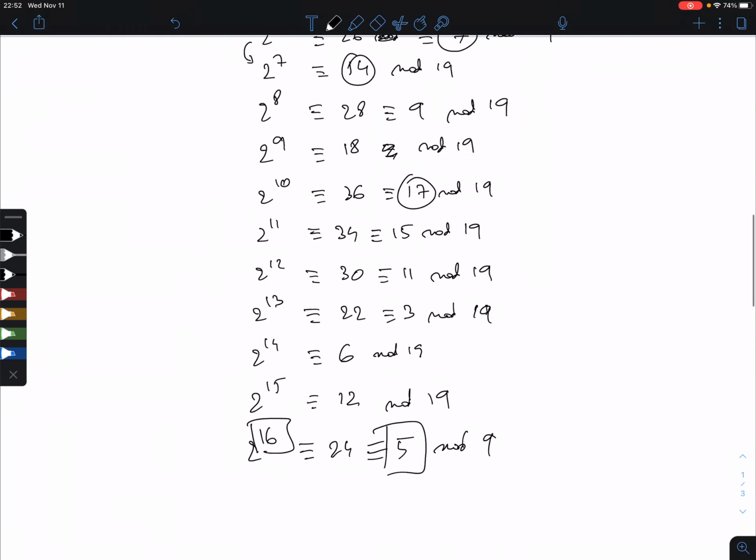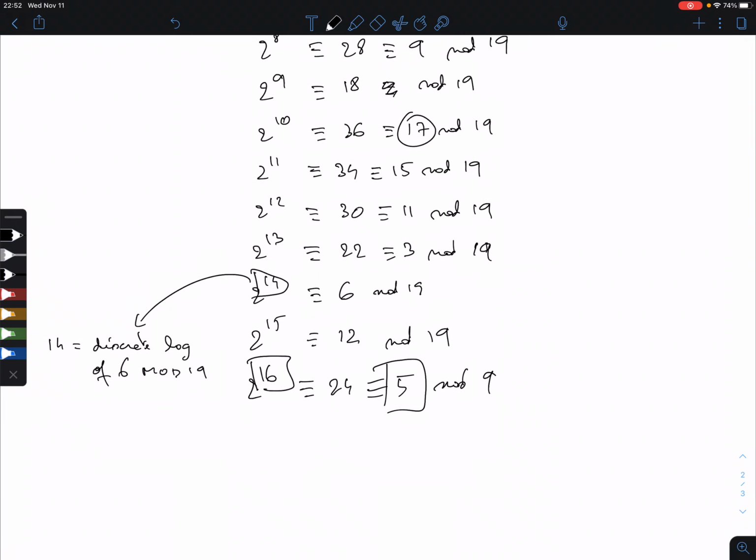So remember, it's the power here, right? So 14 is the discrete log of 6 modulo 19 with respect to base 2.